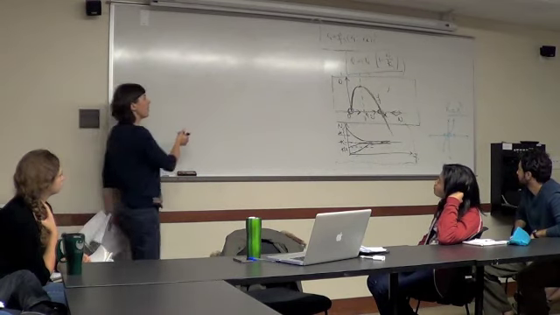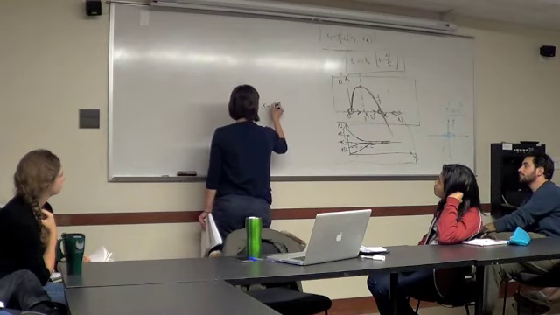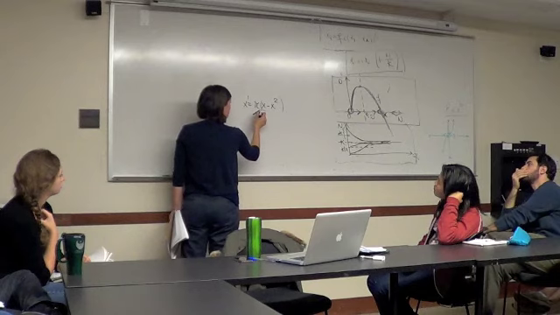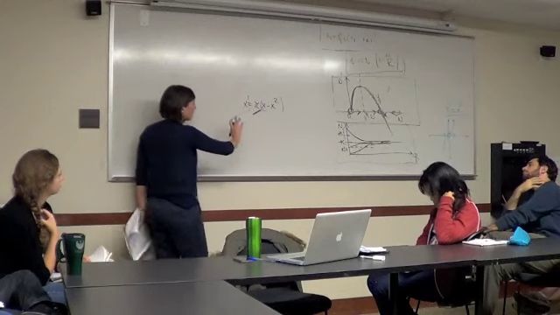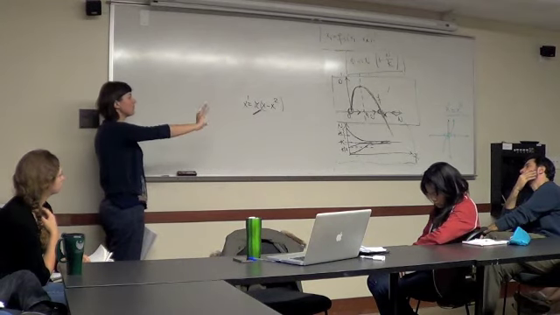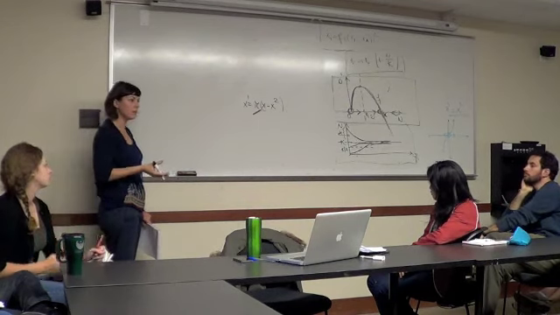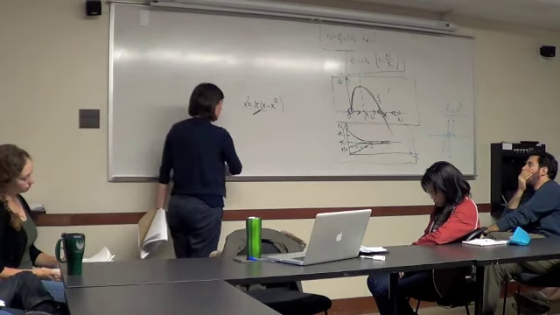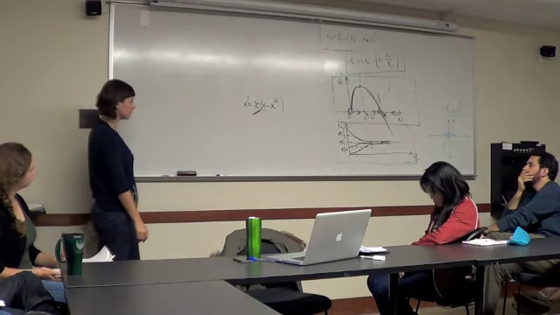Whether this parameter was positive, negative, or 0 basically meant whether you have a positive growth rate or a negative growth rate. So the R parameter here just represented the growth rate, and it showed what the system did based on the growth rate.